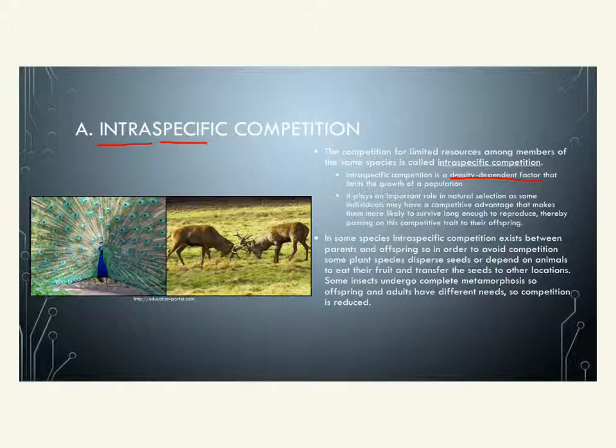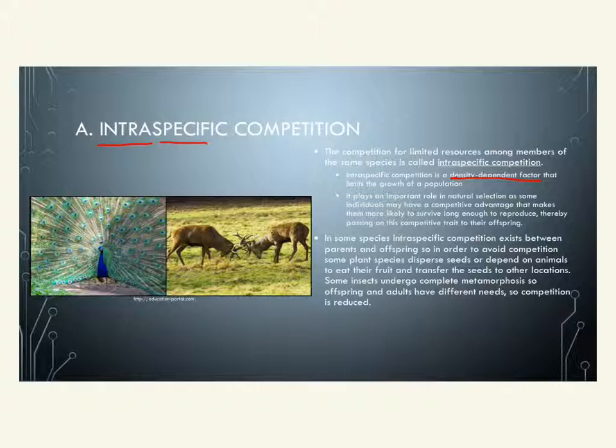So the idea is that some individuals within a species are going to be better suited to survive. Maybe they've got an ability to gather food or hunt better than some of the other organisms within their population, and so they're going to have a better chance to survive long enough to reproduce.